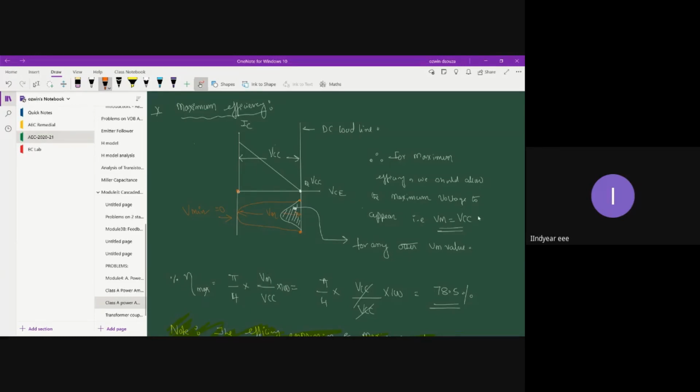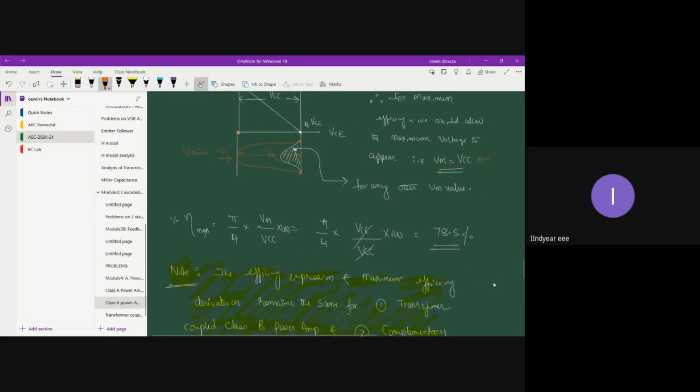So you are going to write VCC in the numerator. So numerator and denominator VCC terms are going to get cancelled out. Hence, you are left with pi by 4 into 100. So if you put it in your calculator, pi by 4 turns out to be 78.5. Okay, so the maximum possible conversion efficiency is going to be 78.5%.